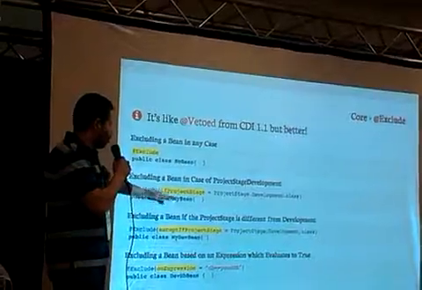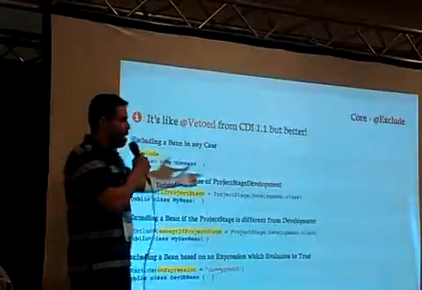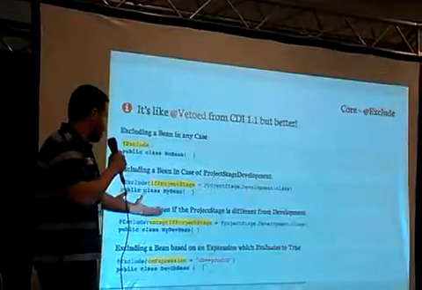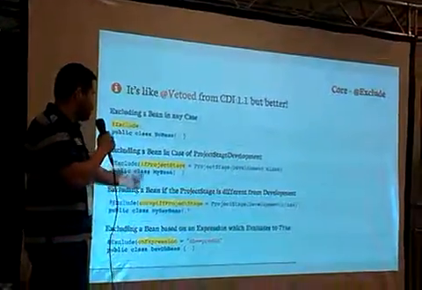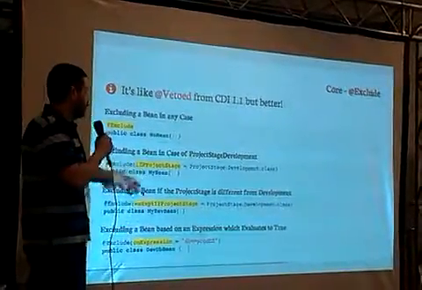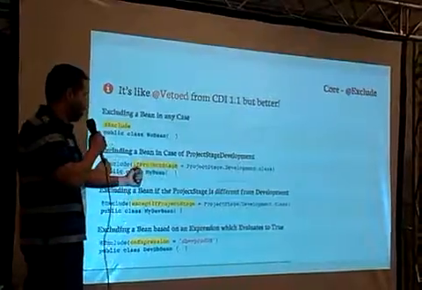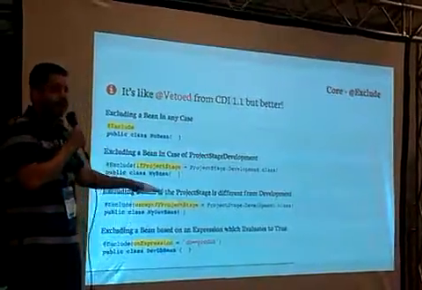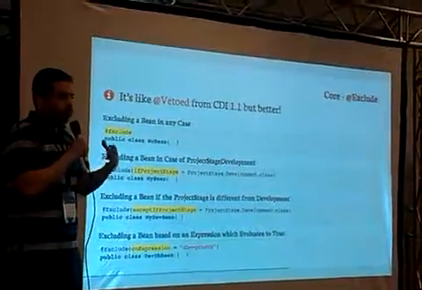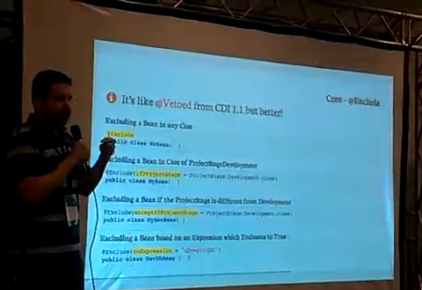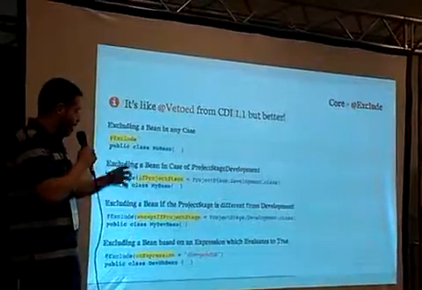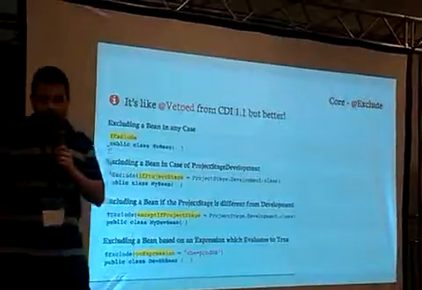This bean will be excluded unless I'm on the development project stage. Or, instead of that, this bean will be excluded except if the project stage is development. Or I can even create an expression that I can read that expression and define when the bean will be excluded or not.